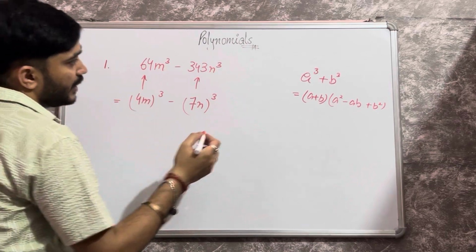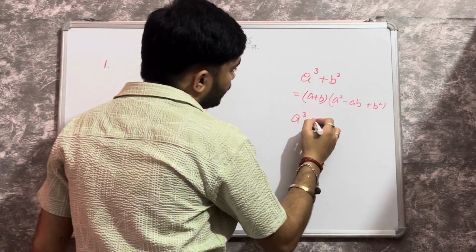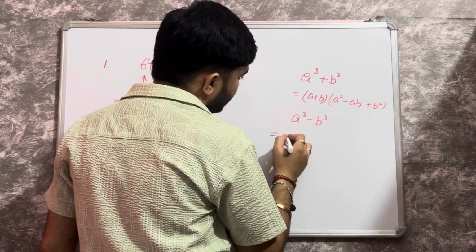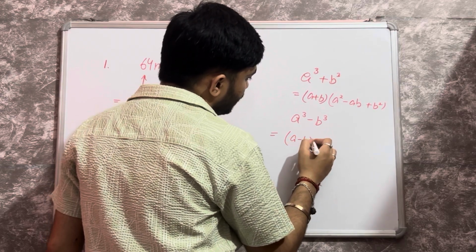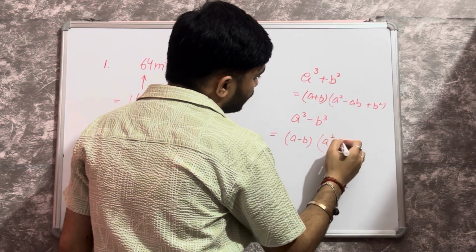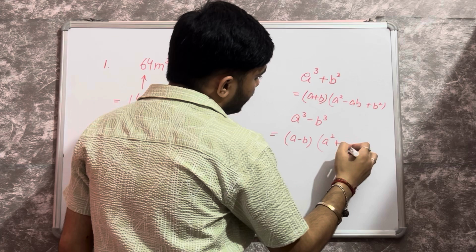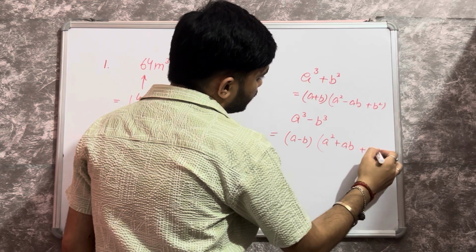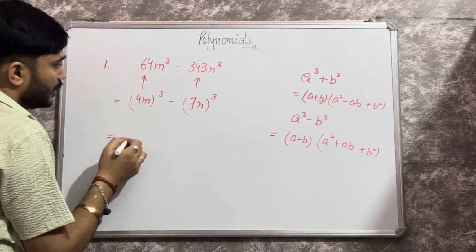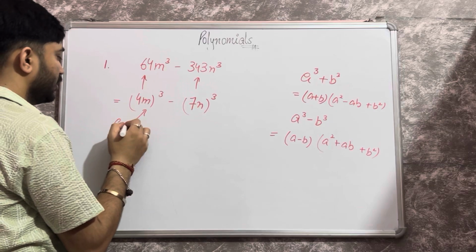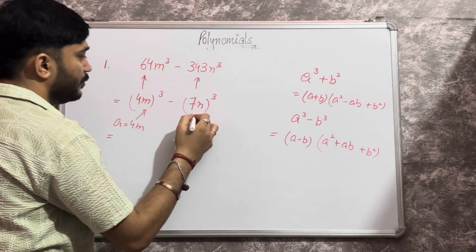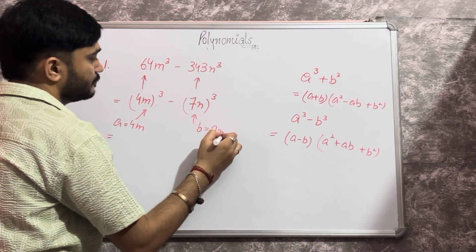You are going to apply the formula a cube minus b cube here, that is equal to a minus b into a square plus ab plus b square. So apply it. Here our a is equal to 4m and our b is equal to 7n.